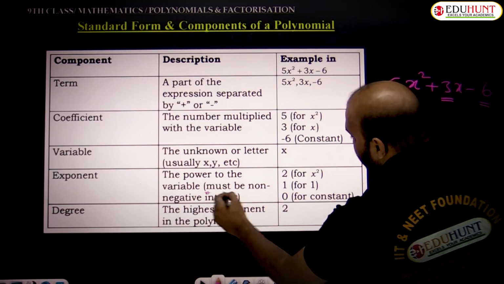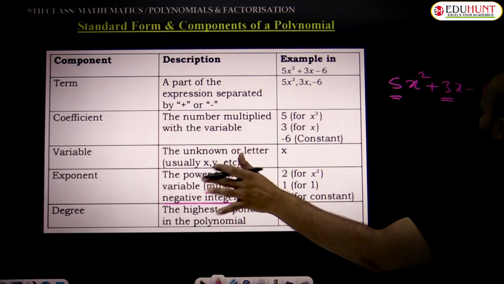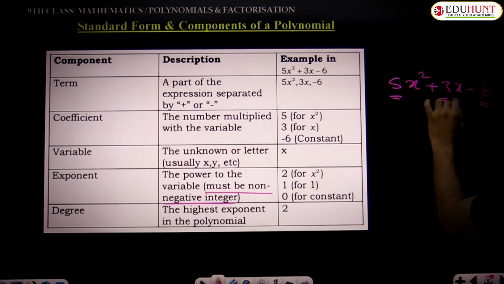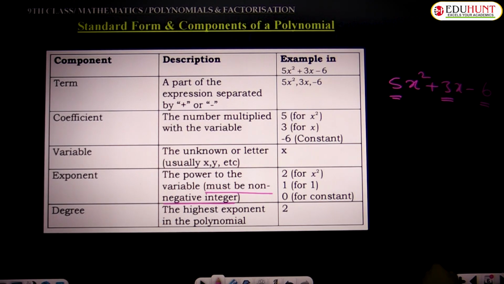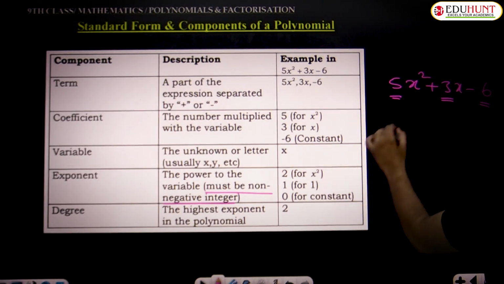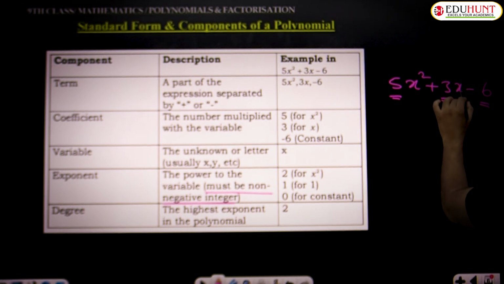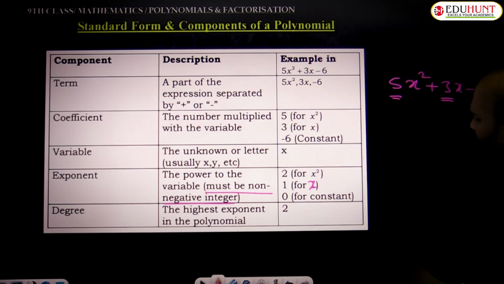Any polynomial, whether monomial or quadratic, must have non-negative integer exponents. The power value is the exponent value. In that example, 2 for x square, 1 for x, and 0 for the constant.